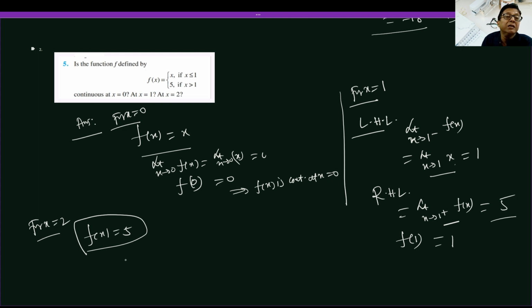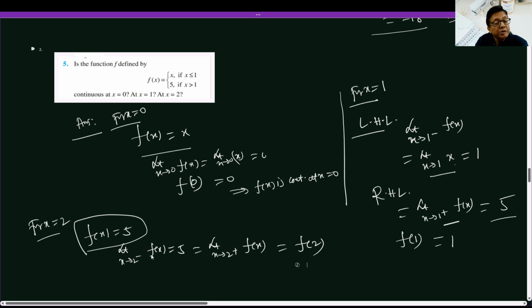But if they ask you to check it, then you will write formally for your board examination: limit x tending to 2 minus f(x) is 5, limit x tending to 2 plus f(x) is 5, and f(2) is 5. Same thing, always it is coming 5. So it will be continuous there.